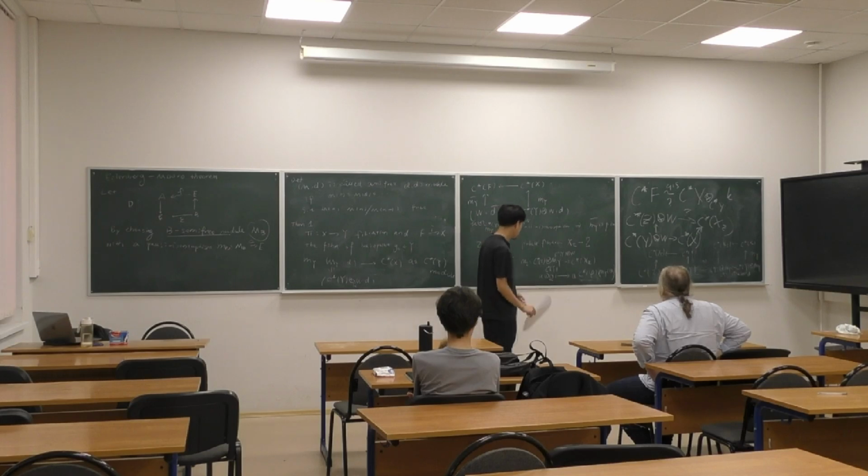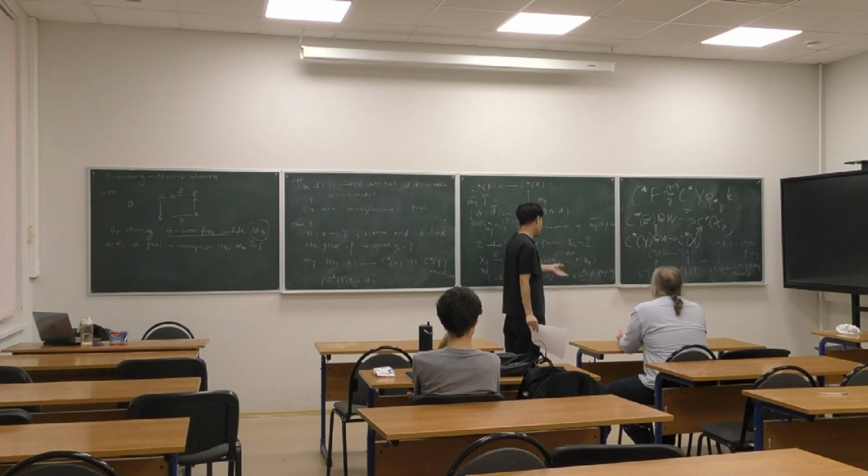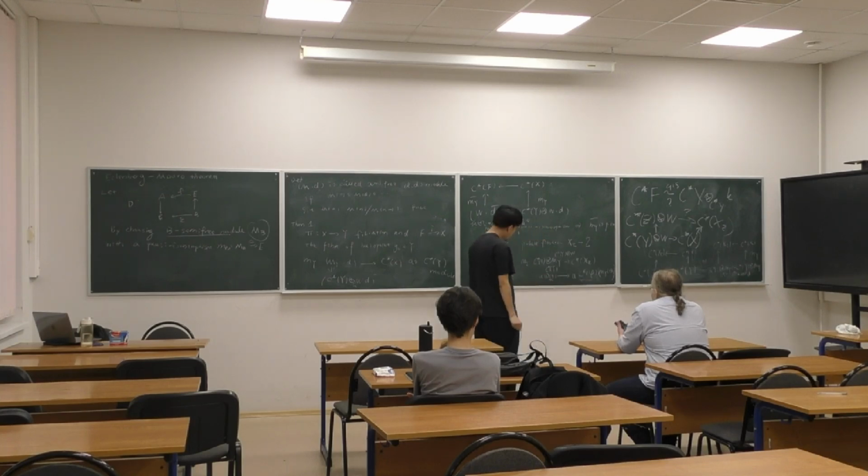I remember you can take, you don't consider this as C_Y tensor W, just consider it together. You take an element like this. Well, C_Y tensor W, you also can just consider C tensor Y tensor W. Well, the notation C of Y tensor W is a bit deceptive.